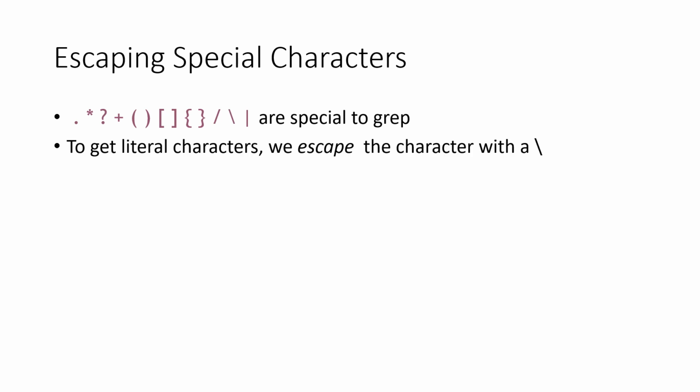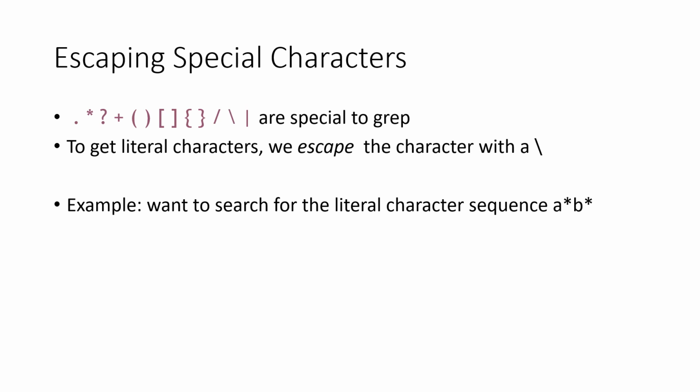The first special character I'm going to talk about is the one that lets you escape special characters. As I just mentioned, things like star and question mark are special to grep, but you may want to match these literally. If you do, you escape the character with a backslash. Here's the backslash character, which itself is a special character, and its power is to allow you to escape that character. Let me show you an example.